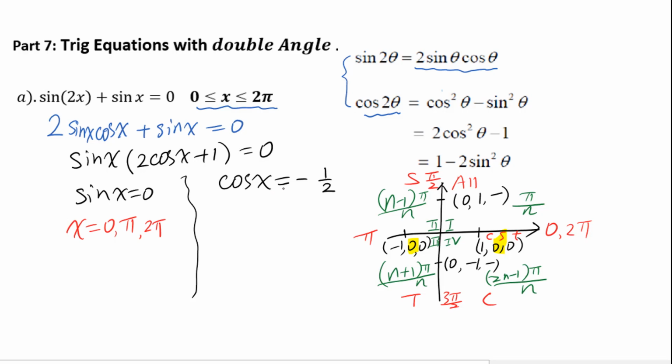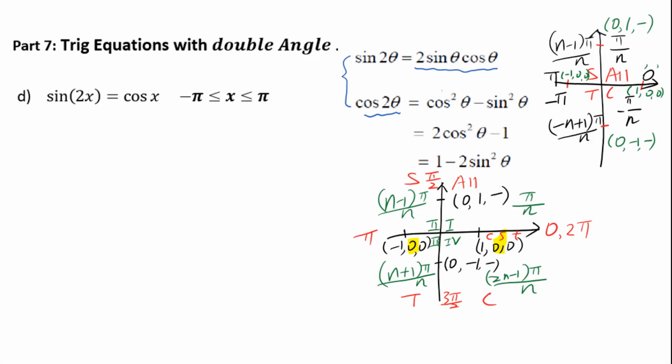For cosine x equals negative 1 over 2, since this is negative, go to the second and then the third quadrant. The reference angle equals pi over 3, 60 degrees. Therefore, x equals 2 pi over 3 and 4 pi over 3.